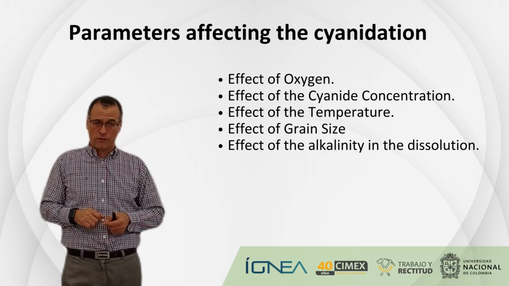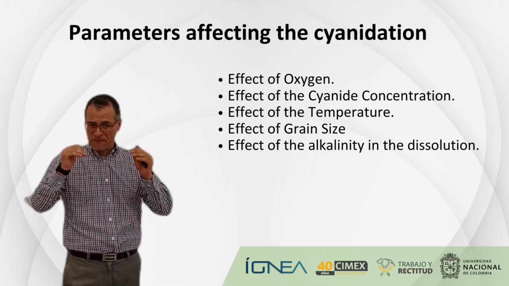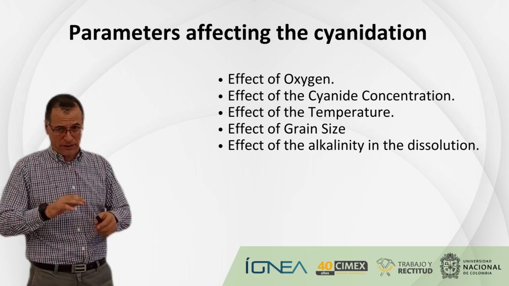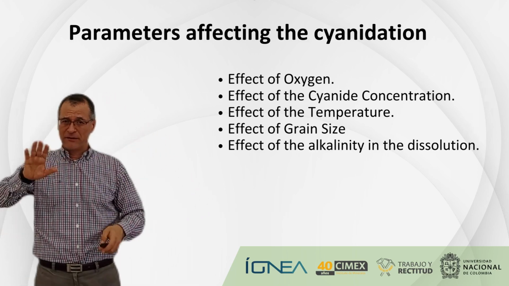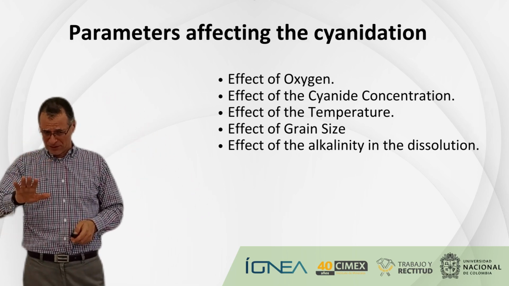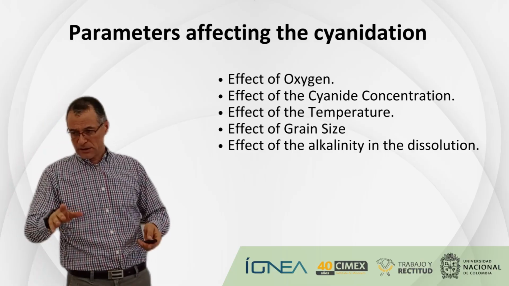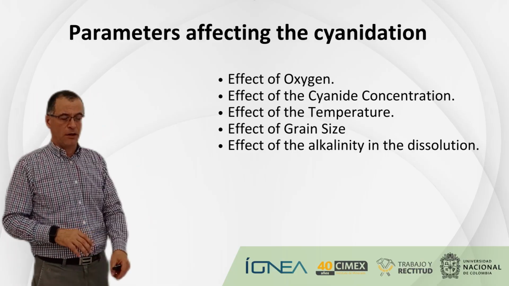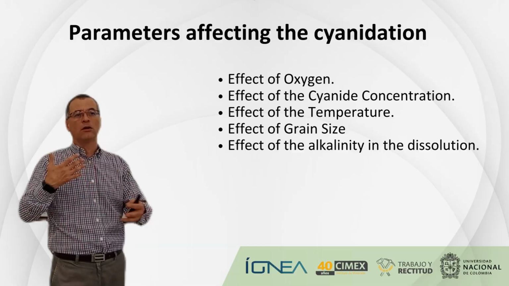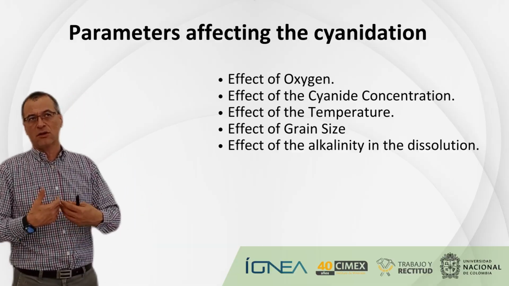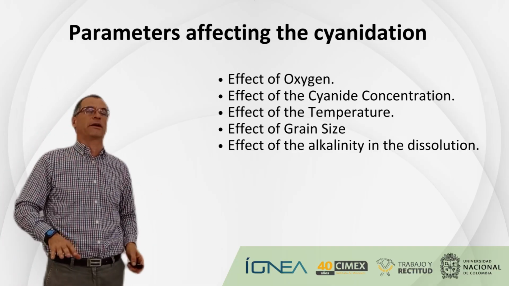It's important to define that. And finally, the effect of the alkalinity of the solution. These are the five parameters that control the reaction. And it's important to define them. Okay, let's talk about all these parameters that control the reaction.